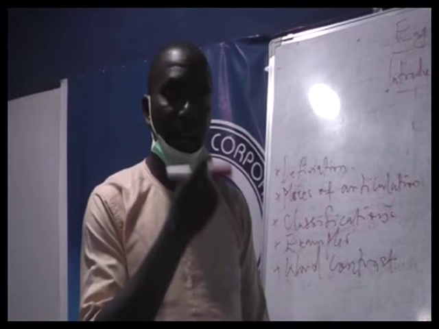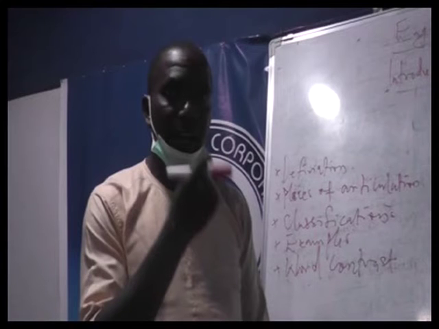Then the third one and the fourth one also have something in common. And what is common between the two? They also have the same place of articulation. Here you use the dental, the gums, which is the alveolar, in producing the two.